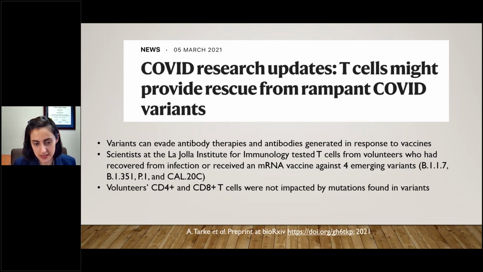Part of this is because there are multiple arms of the immune system, only one of which is the creation of antibodies. There are cytotoxic T cell responses, helper T cell responses, and B cell responses. These cells also prime other types of immune cells.